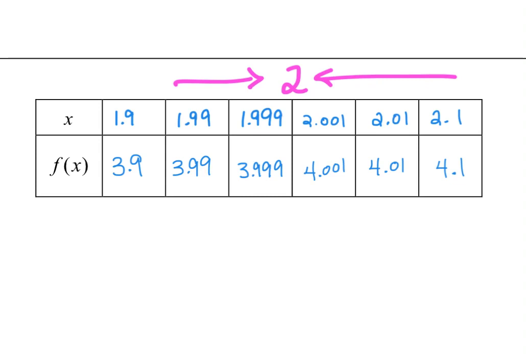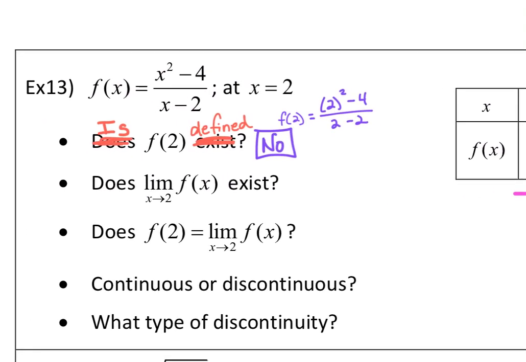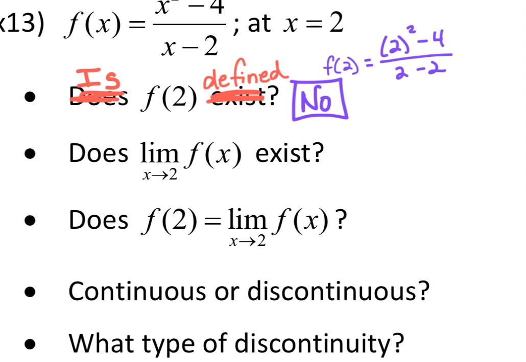So you filled in your table and you find that as x goes to 2 on the left, your y values go to 4. And as x approaches 2 on the right, your y values also go to 4. So your limit here is 4. So the limit exists and it equals 4. Yes.